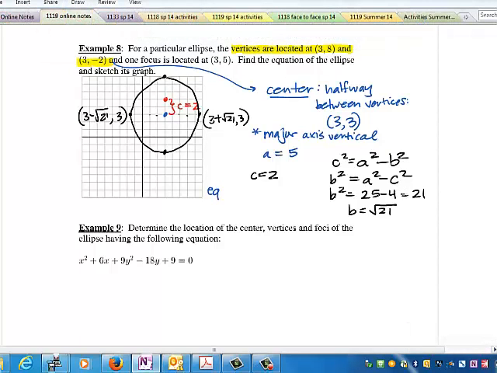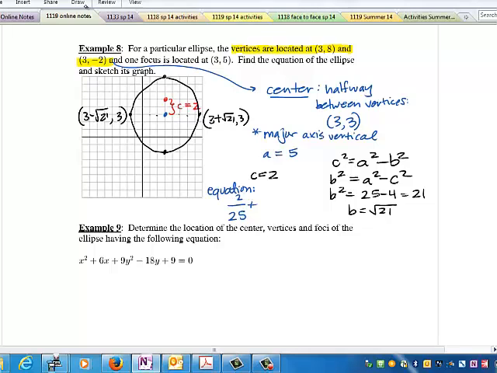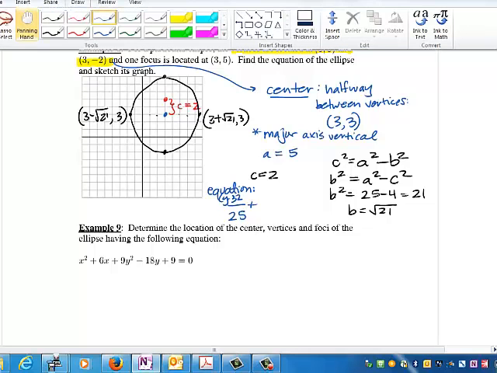We've got some room here. We know we want y squared over a squared because the major axis is vertical. So y squared over 25. Except that I just forgot about the center. Not just y squared, but y minus 3 squared. Let's try that again.